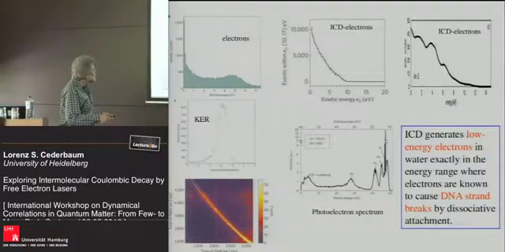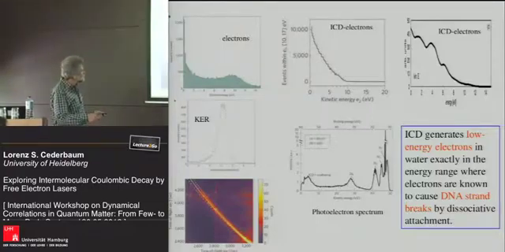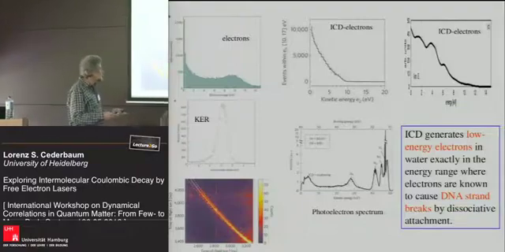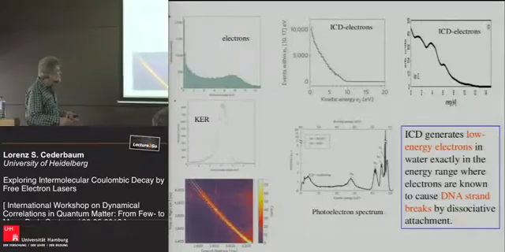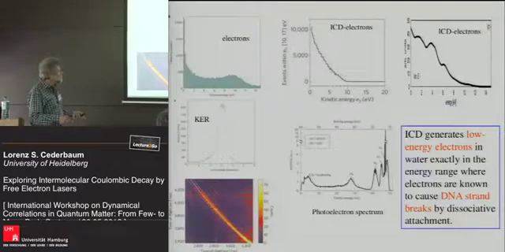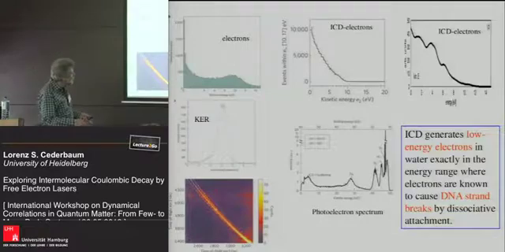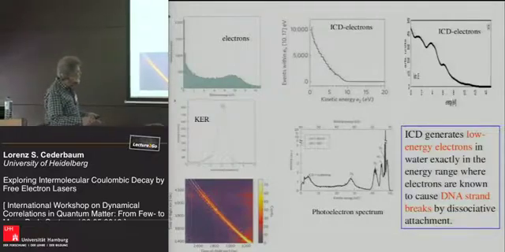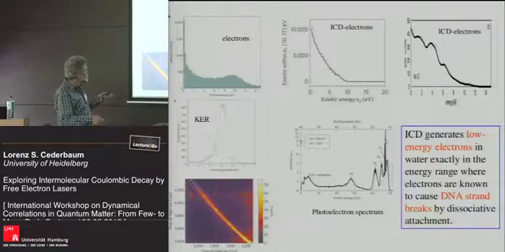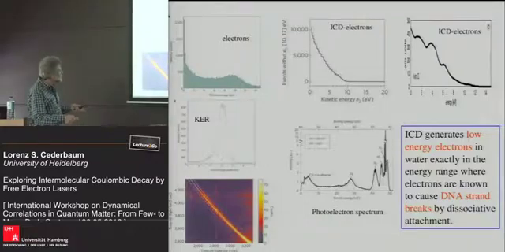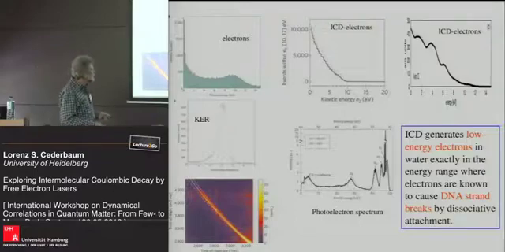And now in the large clusters, this is a photoelectron experiment. Those who are used to photoelectron experiments see in this part a normal photoelectron spectrum of water. Even a water molecule looks similar. But you see here at low energy a big peak that comes after you ionize the H2O, the oxygen 2s electron, that's the inner valence electron. If you remove that, this gives rise to ICD, slow ICD electrons.